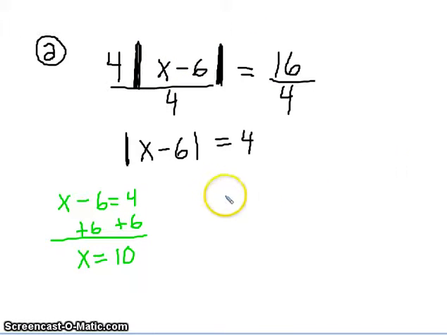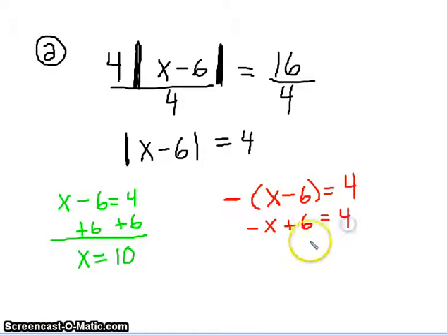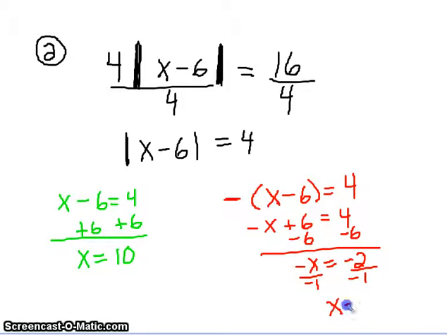So I'm good. The other one is the opposite of x minus 6 is equal to 4. So negative x plus 6 equals 4. We subtract 6 from both sides, and negative x equals negative 2. We divide both sides by negative 1, and so we get x equal to 2.